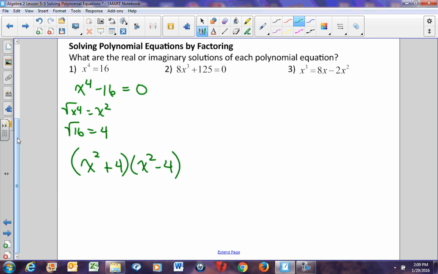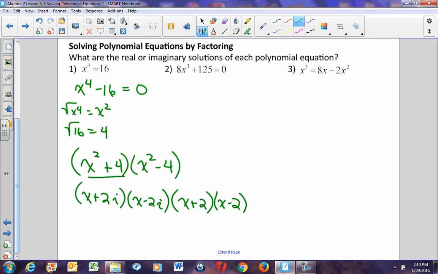Now this x squared plus 4 will factor again if I use the imaginary number system. Remember, the only way you can factor the sum of perfect squares, because 4 is a perfect square and x squared is a perfect square, is to use the i. So this would factor to x plus 2i, x minus 2i, and then x squared minus 4 will factor to x plus 2, x minus 2.